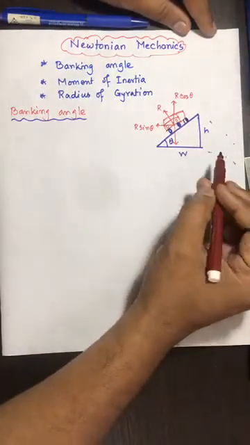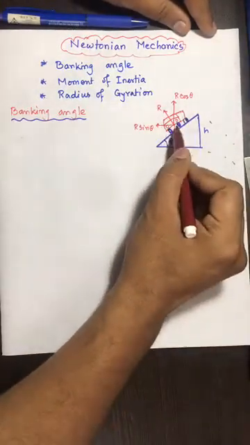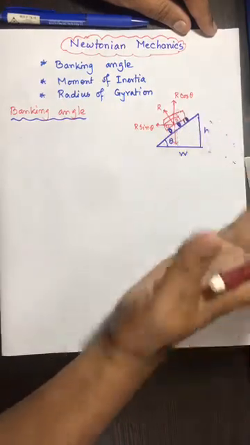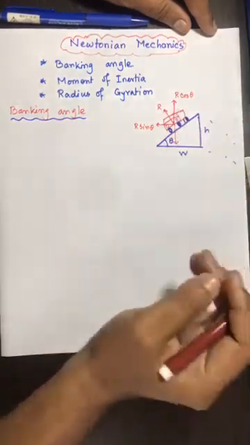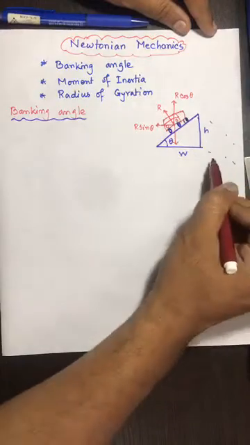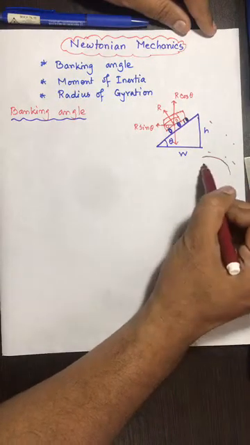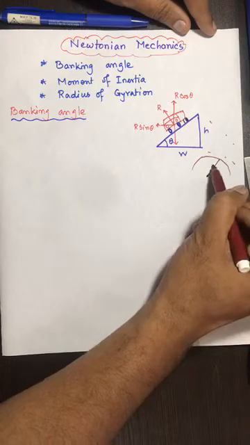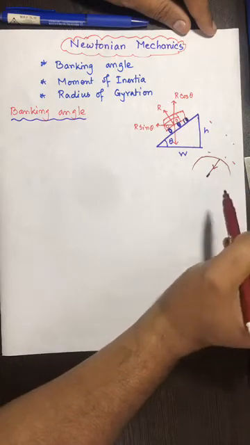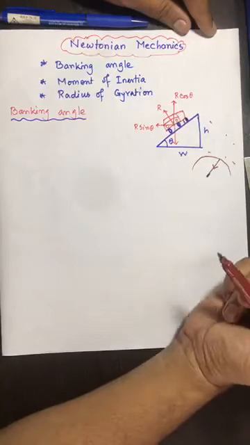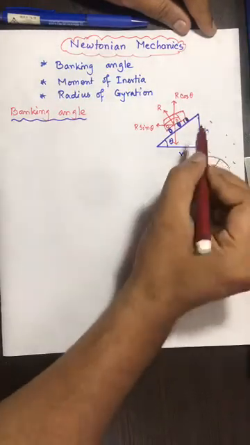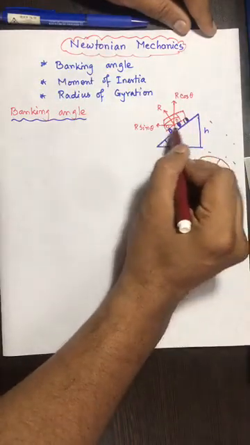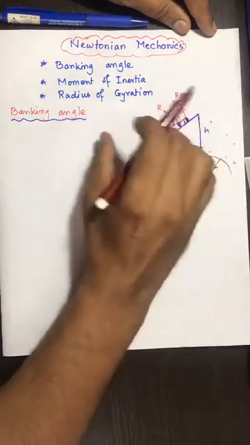For the banking angle, there is a car coming on a curved road. When anything moves in a circular position on a curved road and is taking a turn, a centripetal force is acting in the middle. Okay, which force? Centripetal force acting in the middle, towards the center.